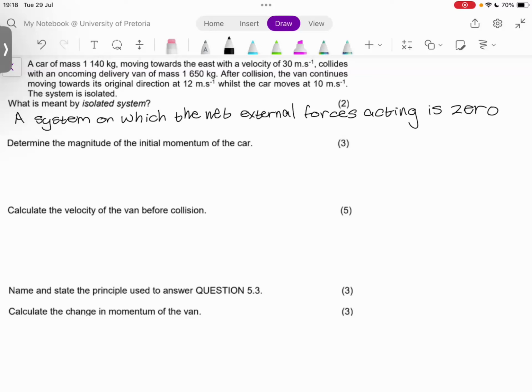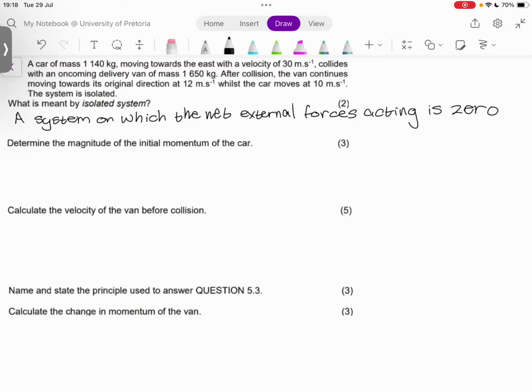This also means that if F net is zero, based off our knowledge of Newton's laws, our acceleration is zero. Okay, cool.